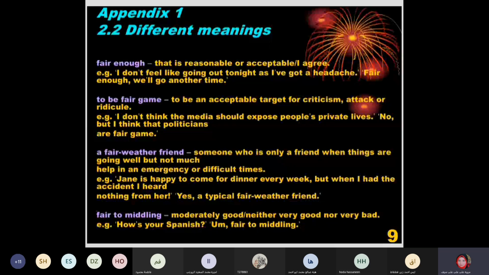Somebody else said he is not a friend in need, so he is not a friend indeed. Do you know the very famous English proverb, a friend in need is a friend indeed? So when the friend is only a friend in ease, not in hard times, he is not my friend. When I have a problem, I don't find him.